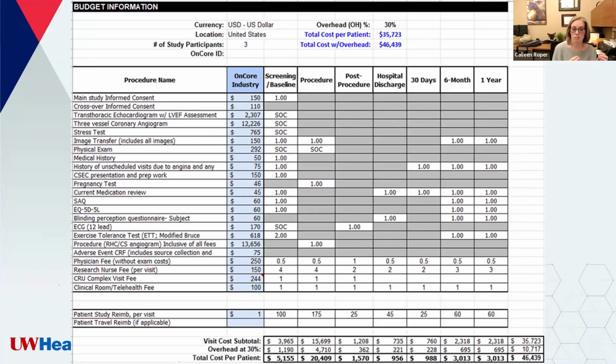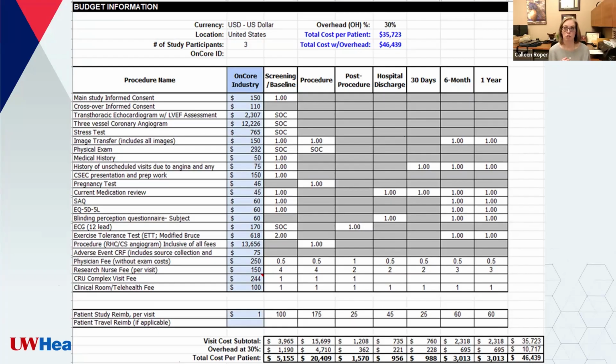We'll build that into the costs as part of our negotiation to see if we can get that in, or we can put a comment in the payment terms of our contract that says the procedural fees may be subject to 1% increases per year dependent on hospital billing increases. Then we're able to go back and show them, hey, our hospital went up in this price, are you willing to meet that? We've had success with that with our sponsors as well, so there is wiggle room to come back.